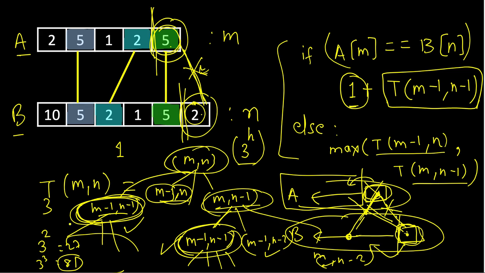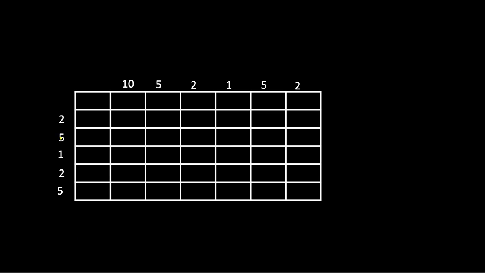So let's build the table for this, just like the longest common subsequence case. On the vertical axis, I write the numbers of A, and on the horizontal axis, I write the numbers of B. And I have added one extra row and one extra column. Here a position i, j denotes that you take A from the beginning till i and B from the beginning till j, not till the end.